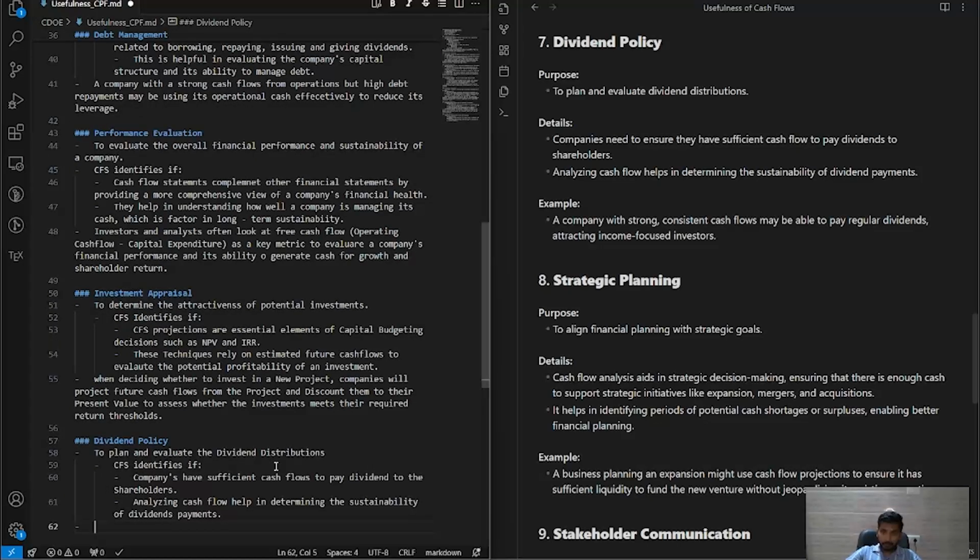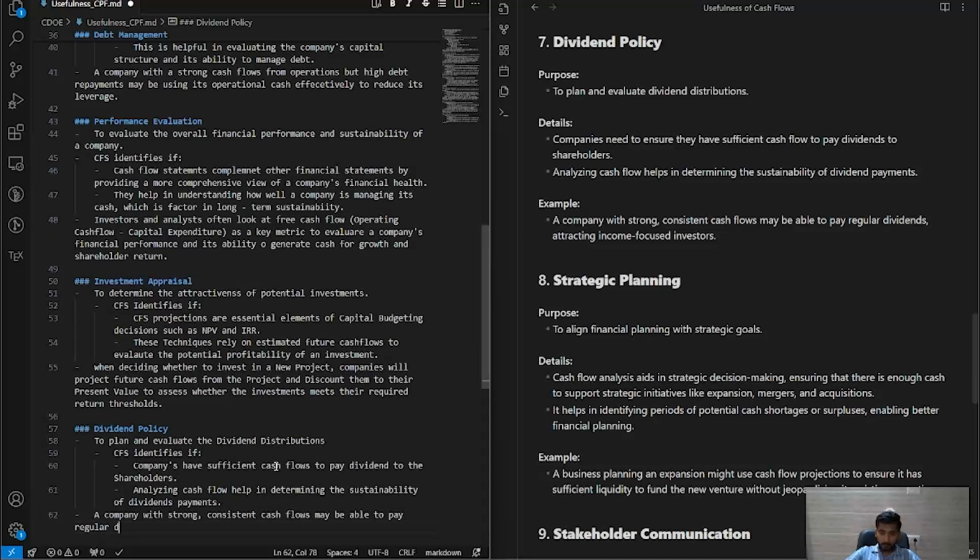For example, a company with strong, consistent cash flows may be able to pay regular dividends, attracting income focused investors.